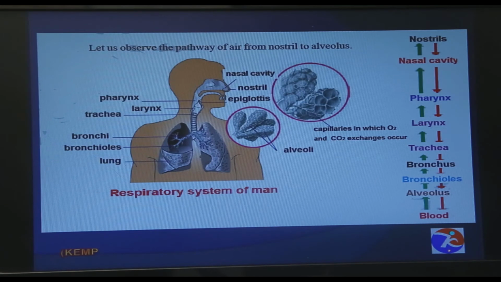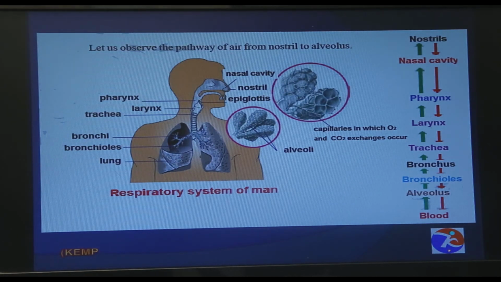Here let us observe the pathway of air from nostrils to alveoli. Here the chart shows how the action takes place in the respiratory system of man. Here we see the flow chart: nostrils, nasal cavity, pharynx, then larynx, trachea, bronchus, bronchioles and alveoli, and then finally blood.